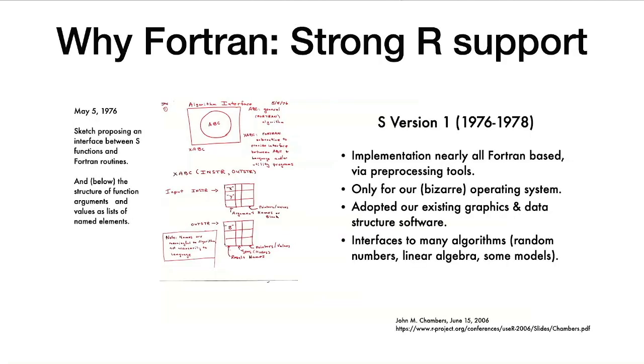The second reason is Fortran comes with very, very strong support from R. So this is a slide from a talk John Chambers gave at this very conference in 2006 showing the sketch of S, initially proposing S. And from conception, from day one, the goal was to provide an interface to Fortran subroutines.